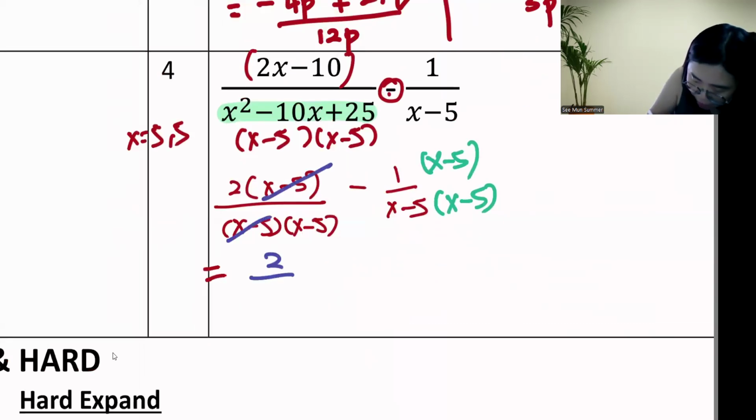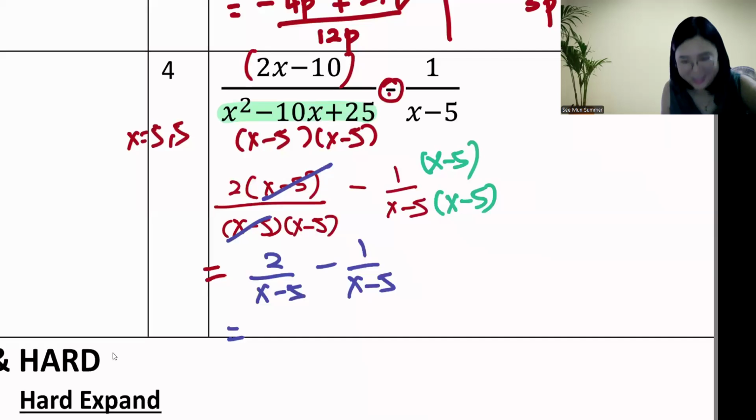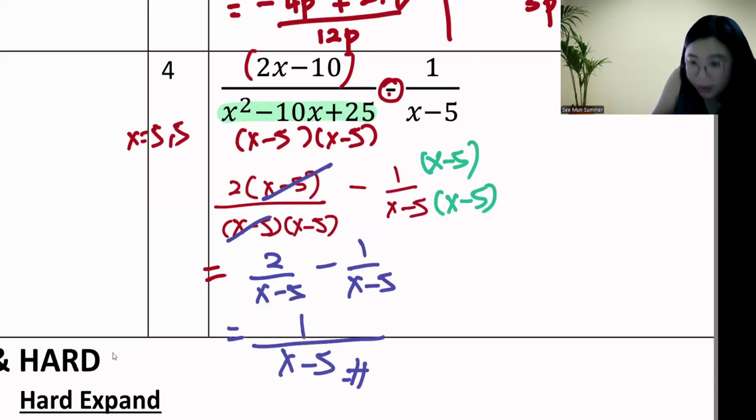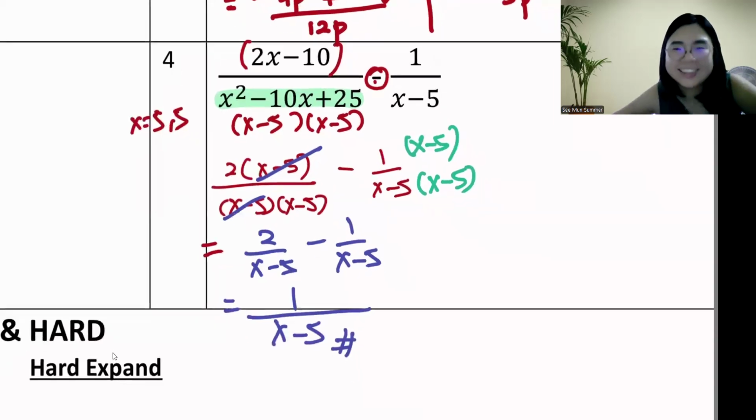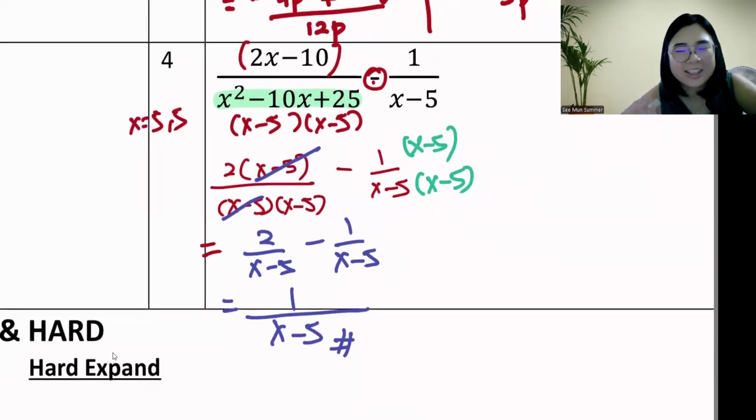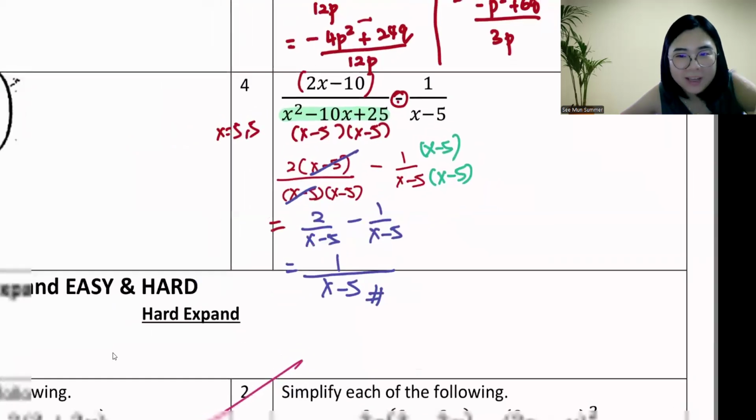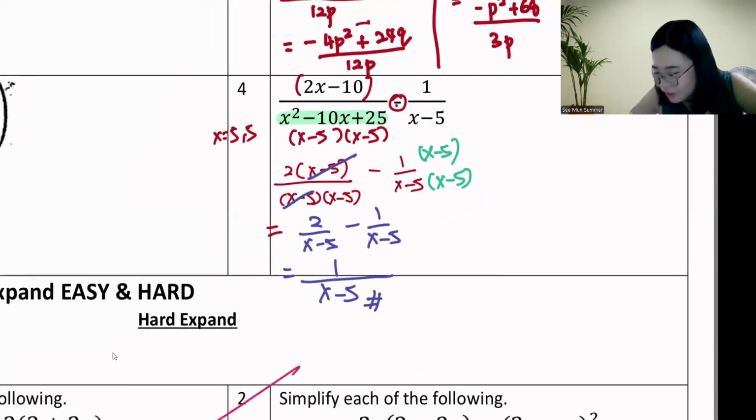So 2x minus 5. Okay, then we no need times already. Good way, x minus 5. And then x minus 5, since they are the same, so it will be 1 over x minus 5. Oh, interesting. Just now this is a better way. Okay, Ken. So far so good.